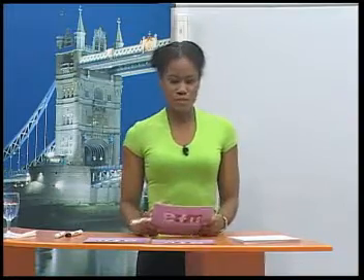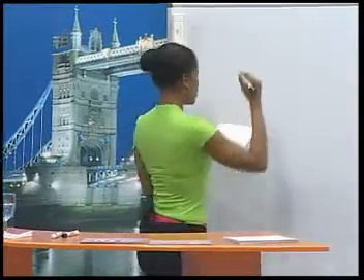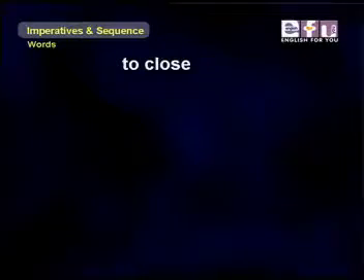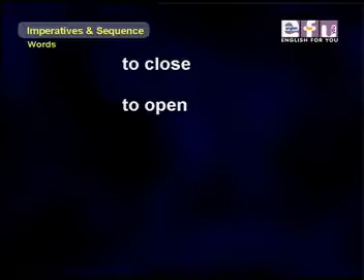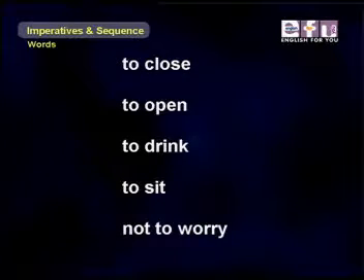Now, let's look at some verbs on our list, and then we will practice some more. First, we have to close, to open, to drink, to sit, and not to worry.